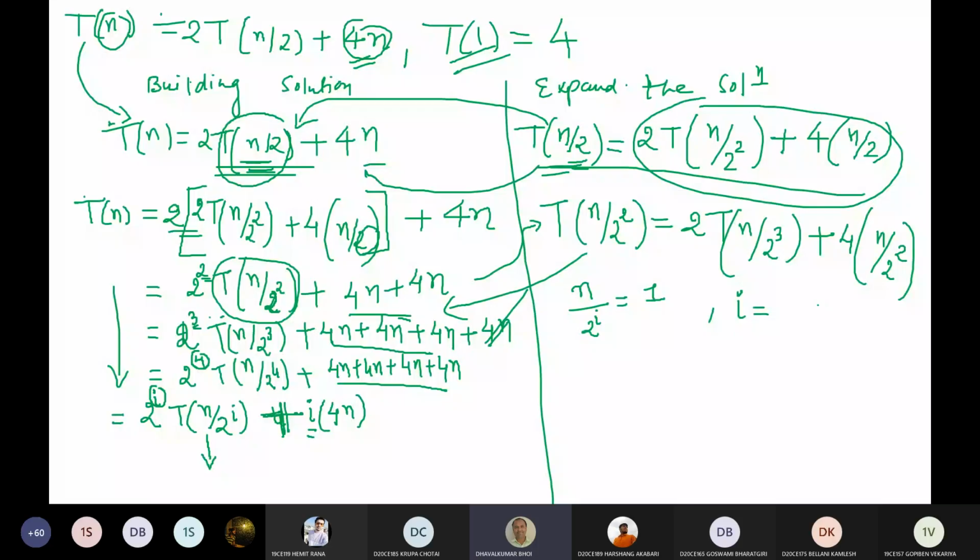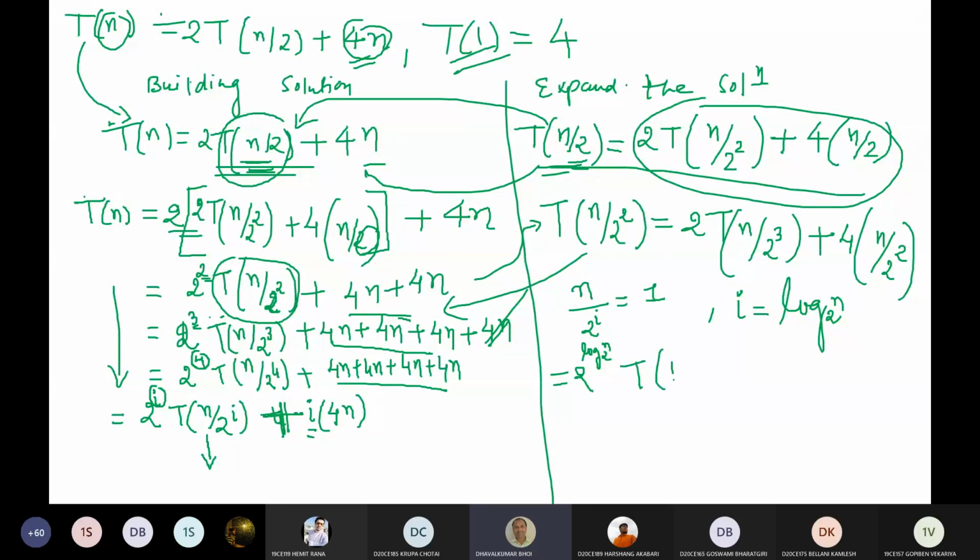Log n base 2. So i will be equal to log n base 2. How? n divided by 2 raised to i equal to 1 means n equals 2 raised to i, and taking log on both sides, 2 raised to i equal to n gives i equal to log n base 2.